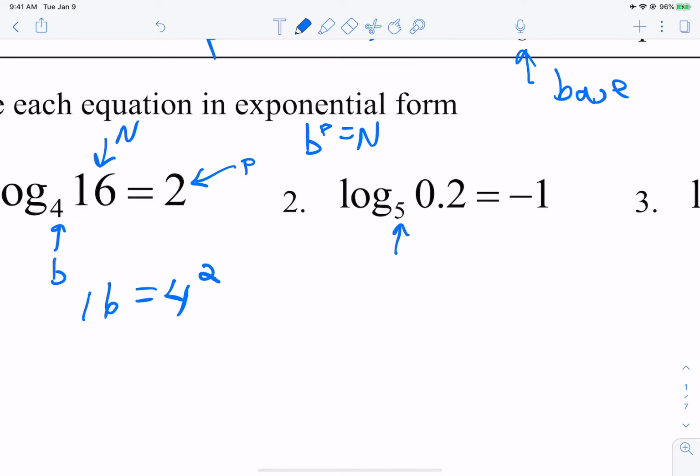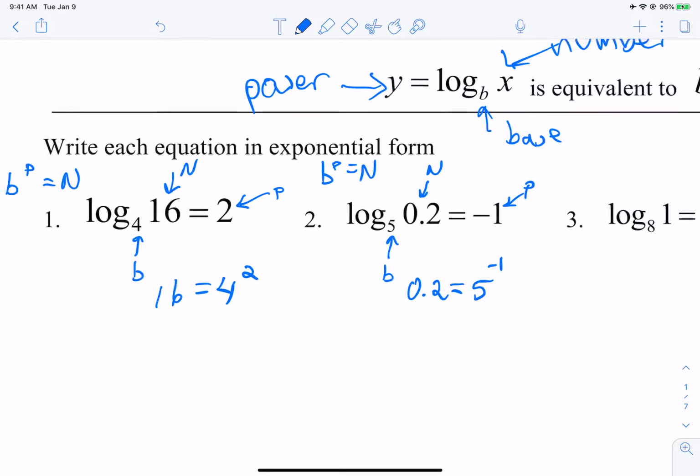The base is going to show up next to the word logarithm. So that's our base. Here's our number. The answer is our power. Once you have identified the 3 things, we just have to put it in the correct form. Now, I just like to leave the number where it's at, then write the base to that power. And so 0.2 is 5 to the negative 1 power.